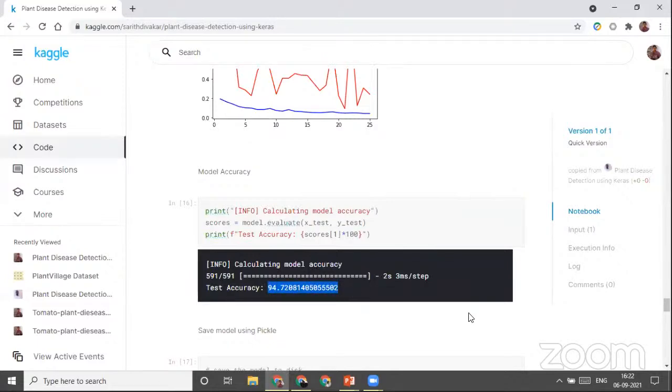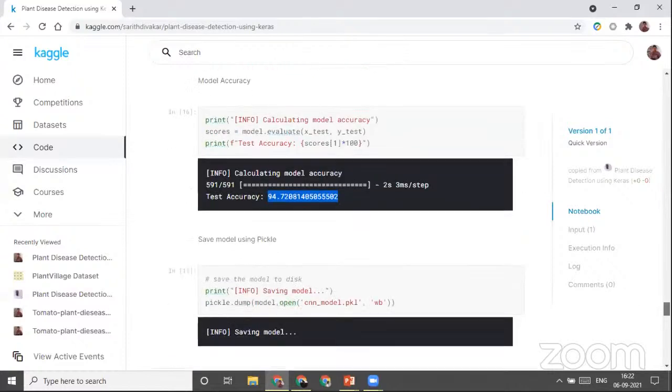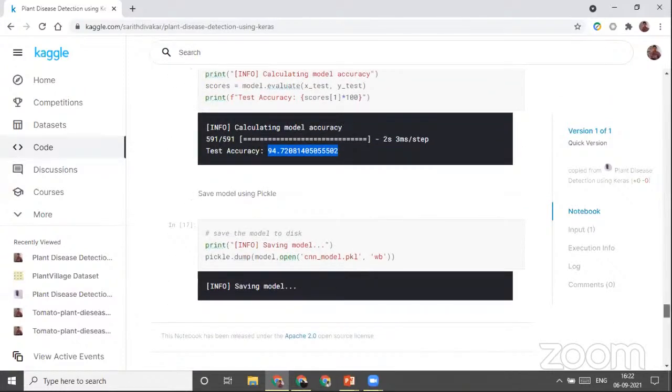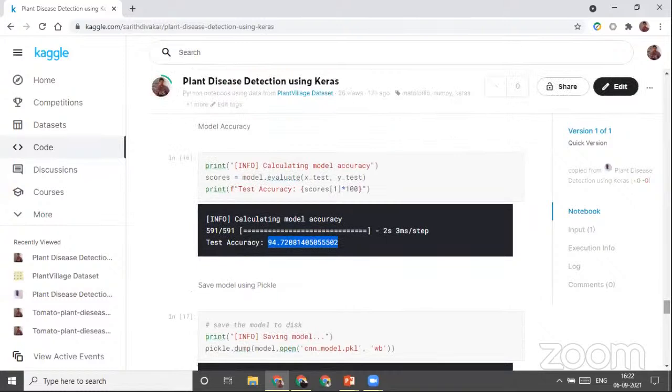Okay, so if you want to use this model, you can save the model as a pickle file, and you can deploy that inside a cloud environment or any server, and you can build a web interface where you upload a new plant disease image, and this particular model will try to predict whether a disease is there or not.